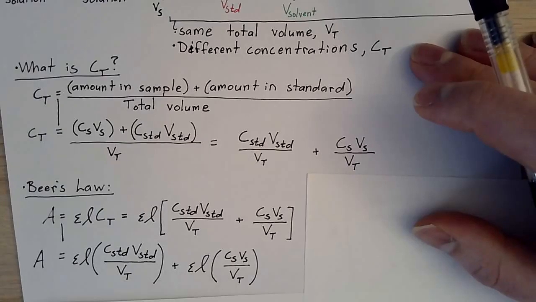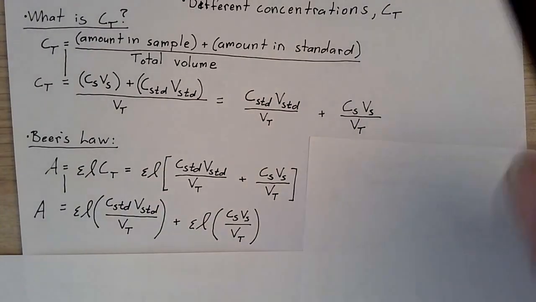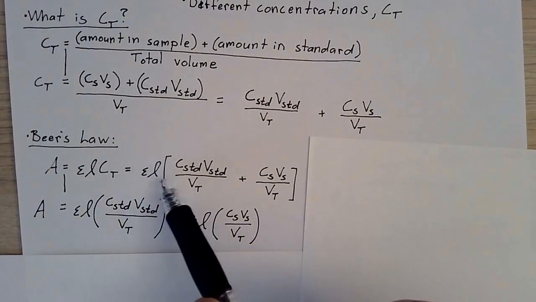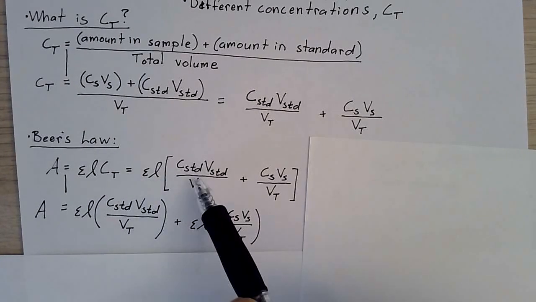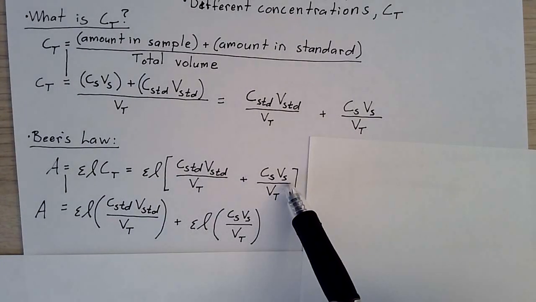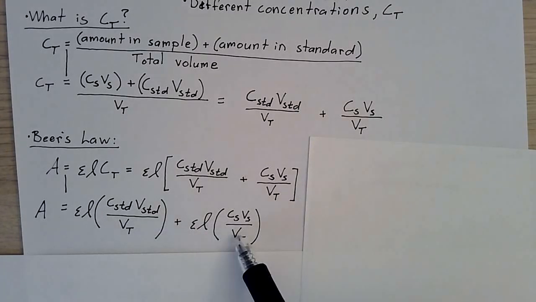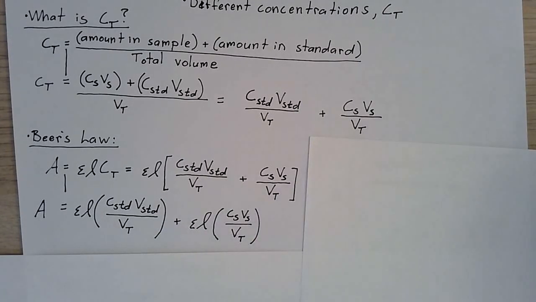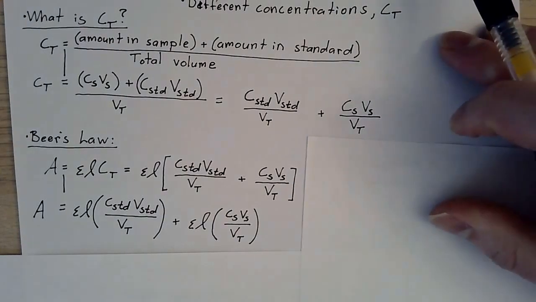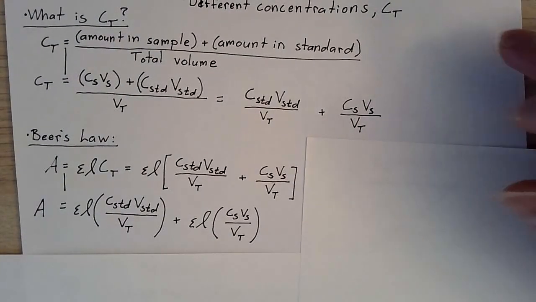And then rearrange it slightly. Send this absorptivity and path length onto each one of those terms, distribute it through the parentheses, to get this, just simply rewriting it. And now we can make a plot.